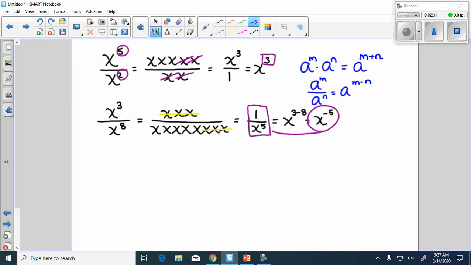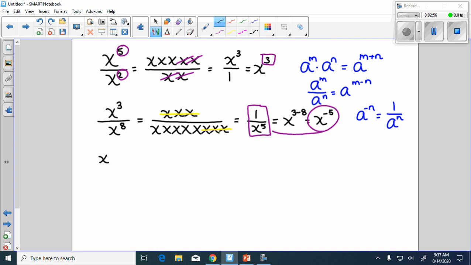Understand that having an exponent that's negative does not mean the number or fraction or term itself is a negative number. It just tells us that that term is located on the bottom of the fraction. So x to the negative 5 is the same thing as 1 over x to the positive 5.